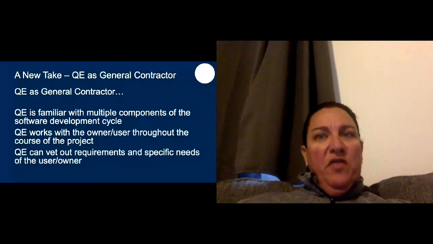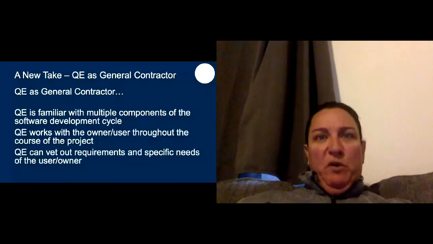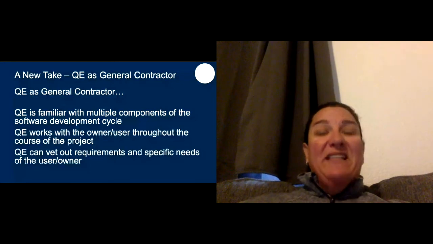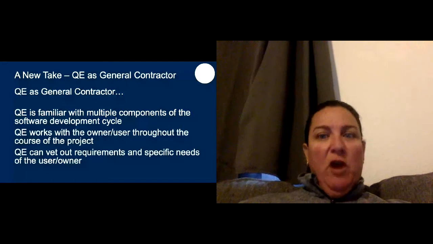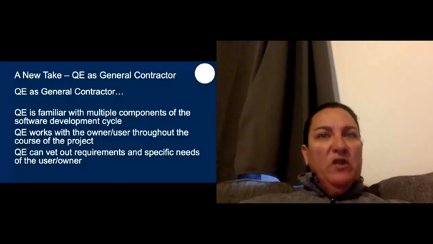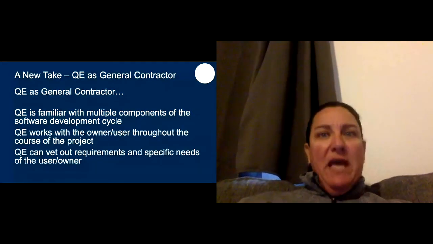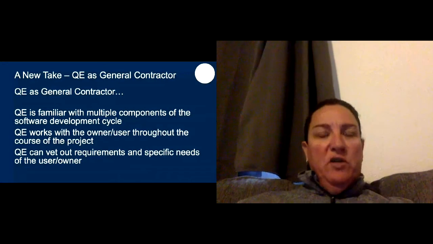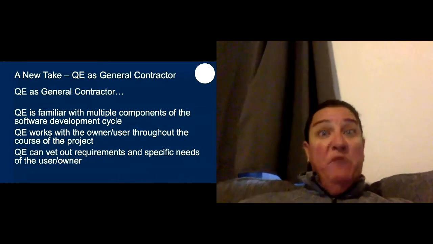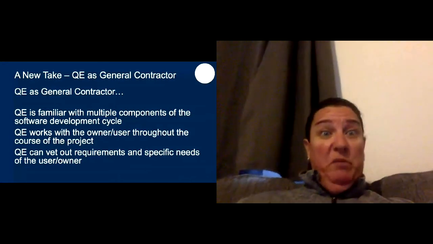So when we start thinking about the misperception of QA as the inspector role and move more into QE as the general contractor role, we can start seeing how QE can become more consultative, and going back to that quote a few slides ago, we are influential in the building of the software before that software is actually built.